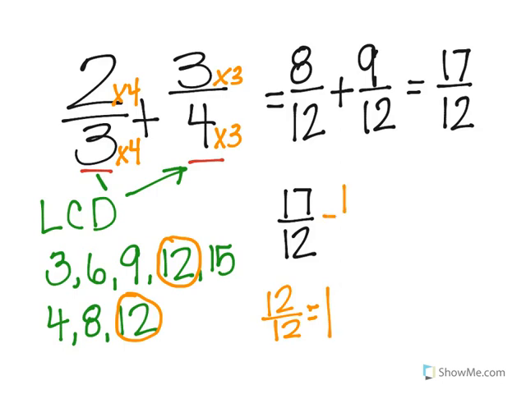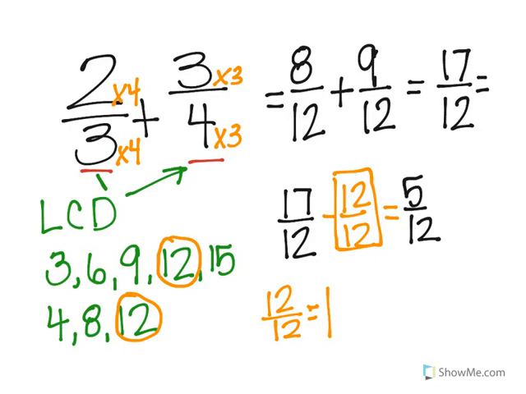So let's take out that 1 whole. 12 over 12. That is my 1 whole. I'm going to make it look like a big 1. So that equals 5/12. So I took out 1 whole and I was left with 5/12. Those would be your two fractions. I have an improper fraction here, and then I have my mixed number here.